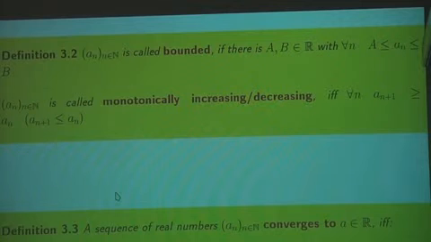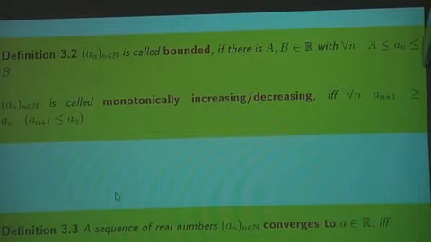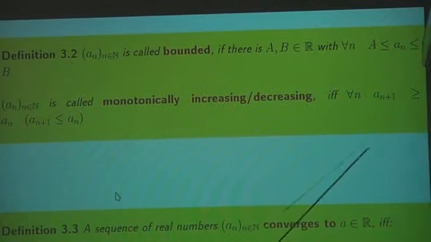So successive elements have to be greater than or equal, and then it's called monotonically increasing, and decreasing if it's the other way around. And oh, we forgot strictly monotonic. A sequence is strictly monotonic if we have the greater here and not the greater or equal.